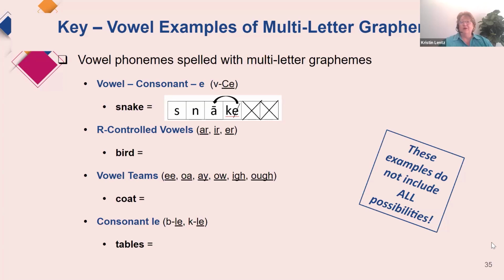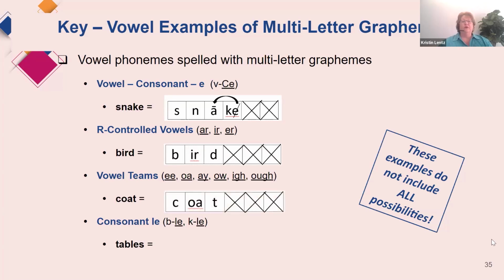By the same token, when we spell R-controlled vowels, notice that we can't pull those sounds apart. Our vowel teams, of which there are quite a few, the most complex of our syllable types, show up in one box. For the word coat, the O sound is spelled with the grapheme OA.